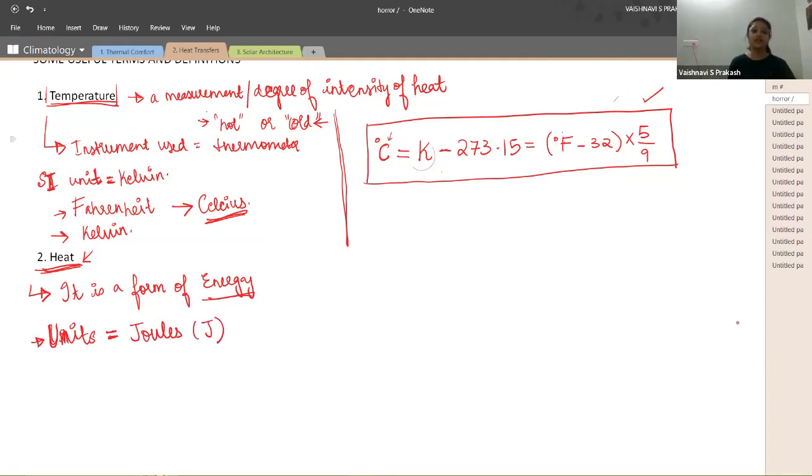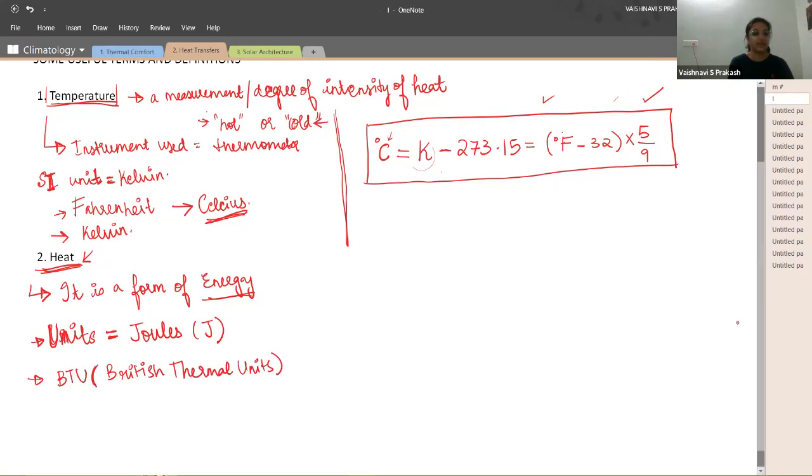Apart from joules, just like how temperature has different scales or units, even heat has different units. So one of them is BTU, which is called British Thermal Units. Okay. This is usually used when we are talking about, say, the heating capacity of a heater or the cooling capacity of a refrigerator. All of these are actually measured in BTU in the commercial world. Apart from this, there is also kilocalorie.